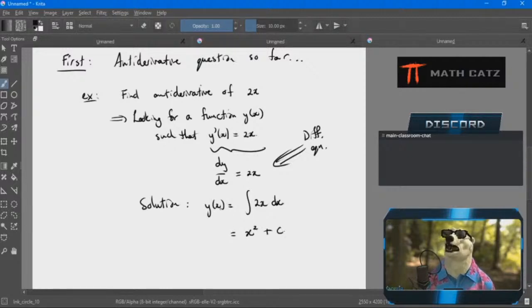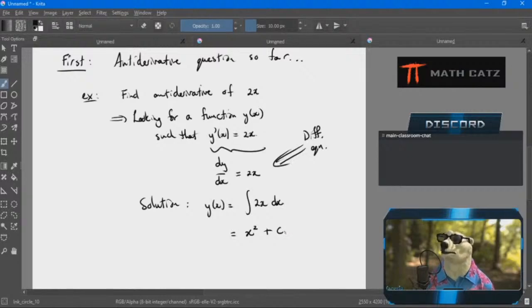So I see that there are actually a whole bunch of solutions to this differential equation. A whole bunch. I don't know what c they are interested in.